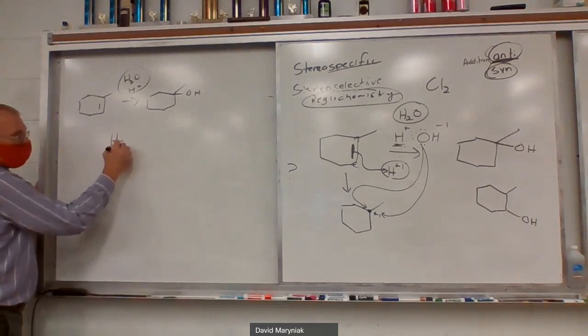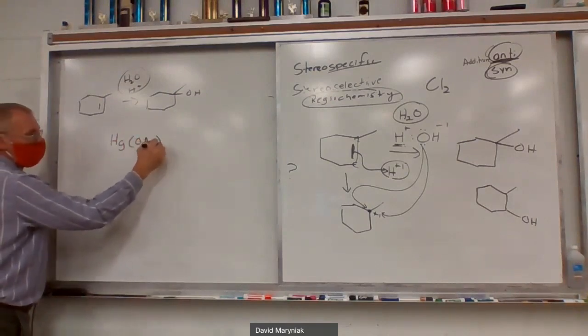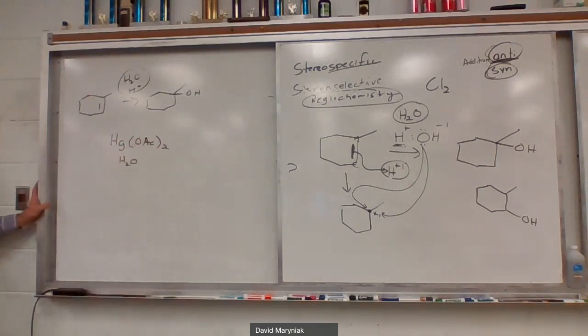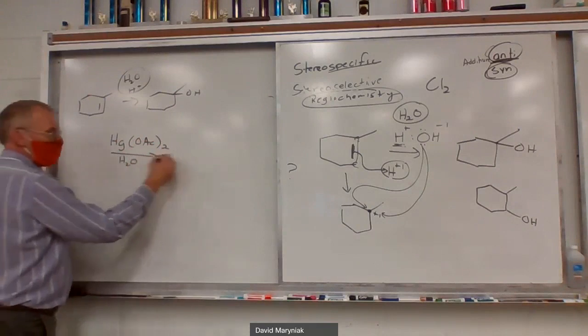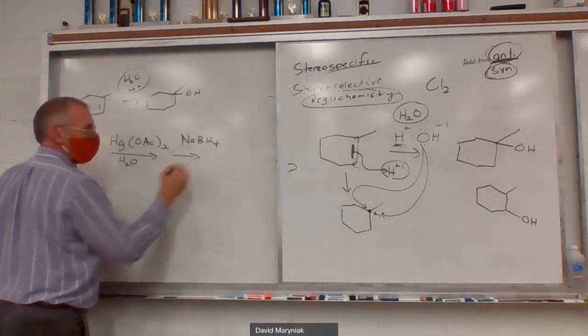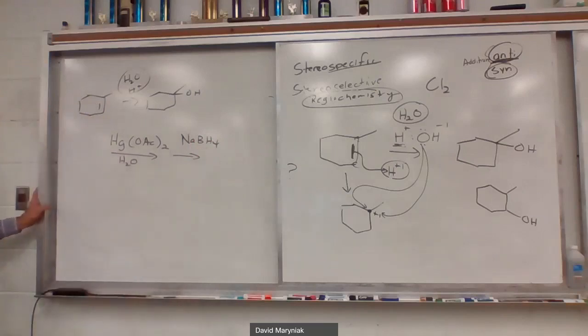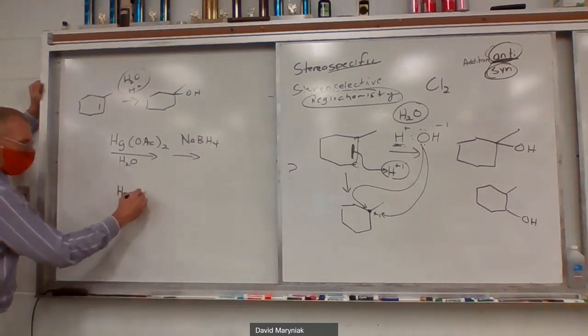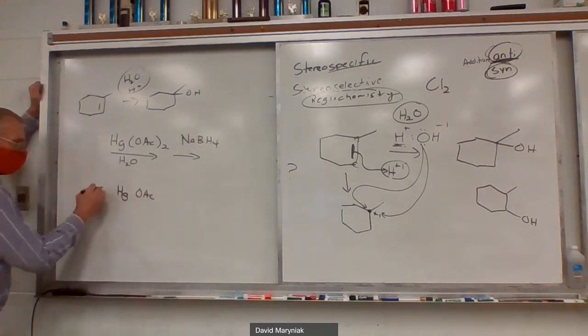So mercuric acetate and water. That's your reagent, number one. And then you follow that up with sodium borohydride, which is your demercuration step. Mercuric acetate, it looks like that.